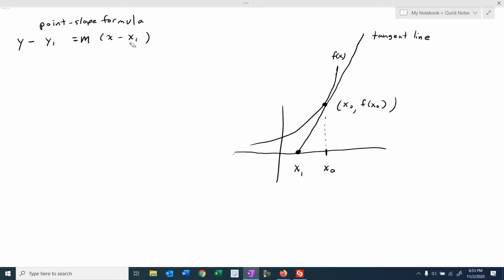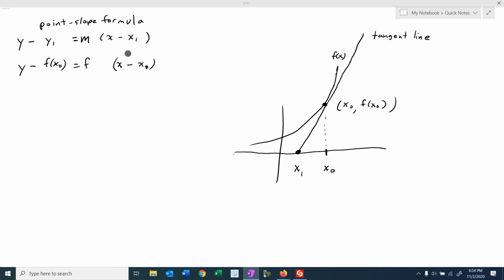Okay, so we know a point on the line. We know this point right here, so I'm going to plug that in: x sub 0, f of x sub 0. Then we know the slope of the tangent line.